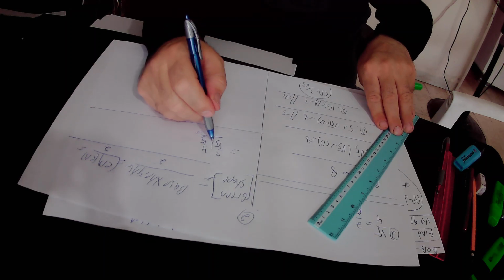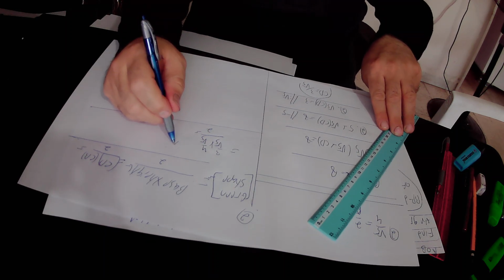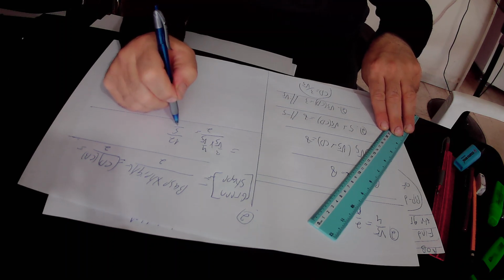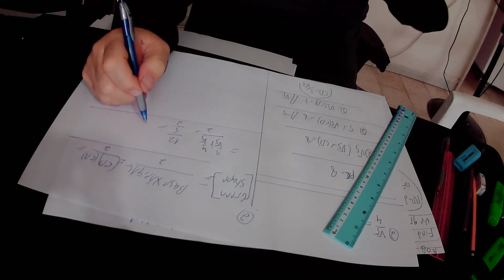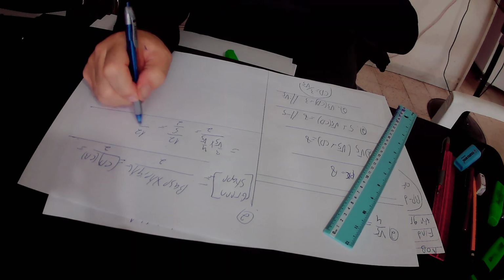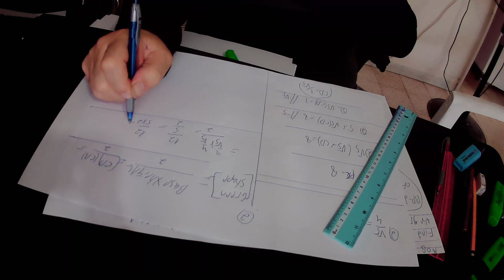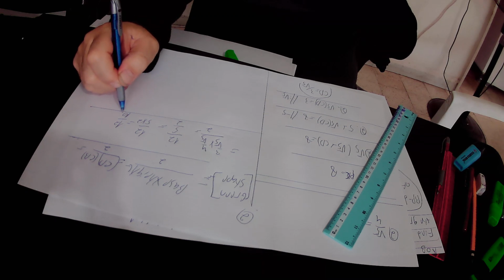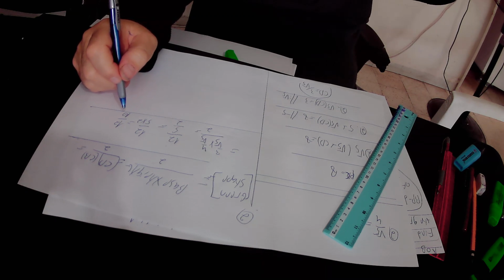The value of this expression equals 3 times 4, which is 12, over square root of 5 times square root of 5, which is 5, divided by 2. 12 over 5 over 2 is 12 over 5 times 2, so it is 12 over 10 square units.